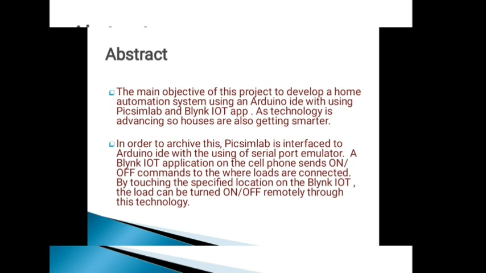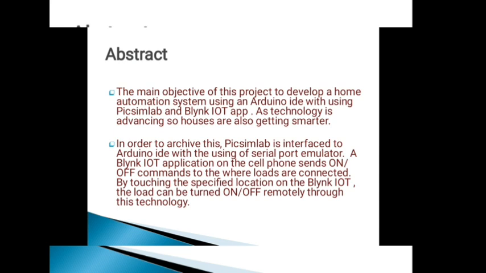Coming to the second point. In order to achieve this, PICsimLab is interfaced to the Arduino IDE using a serial port emulator. A Blynk IoT application on the cell phone sends on and off commands to where the loads are connected.